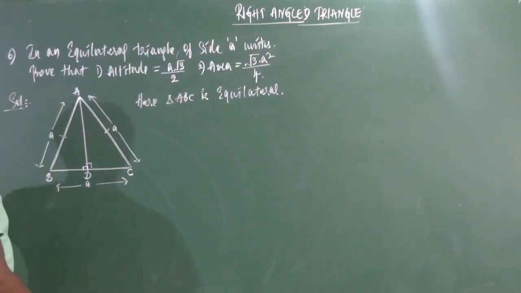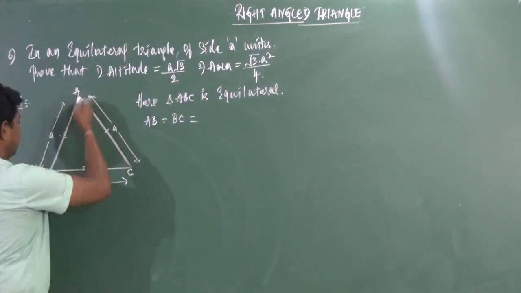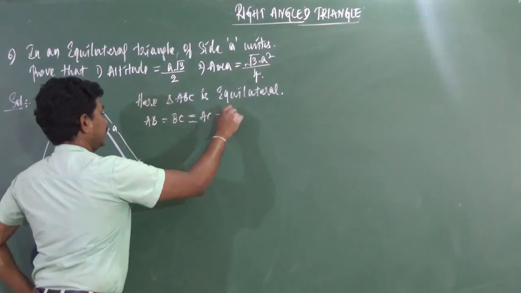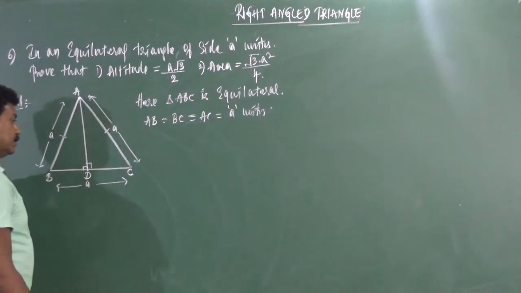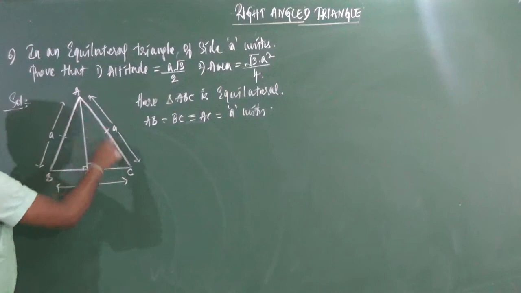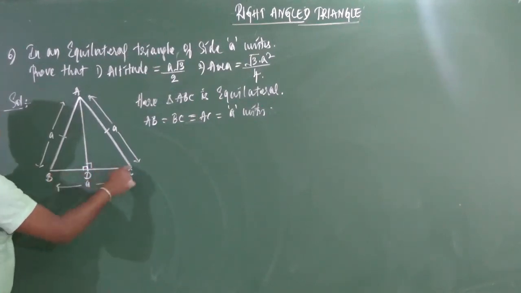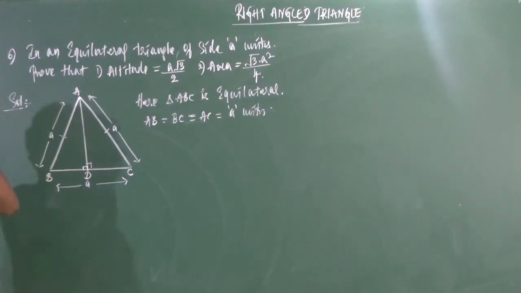Then AB is equal to BC is equal to AC is equal to a units. It is given. Now, when we draw an altitude for an equilateral triangle, it is drawn to the midpoint of the base of the triangle. So it bisects the base, or it touches the midpoint of the base.